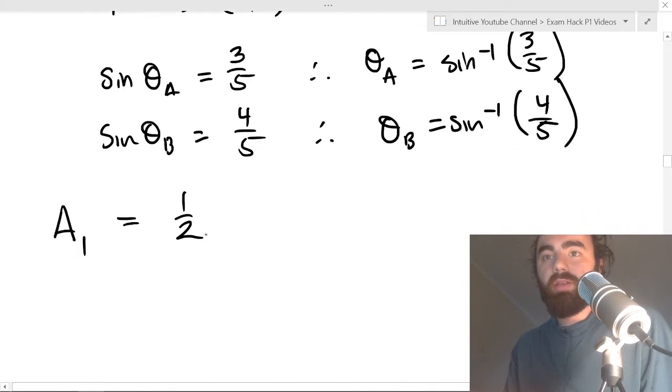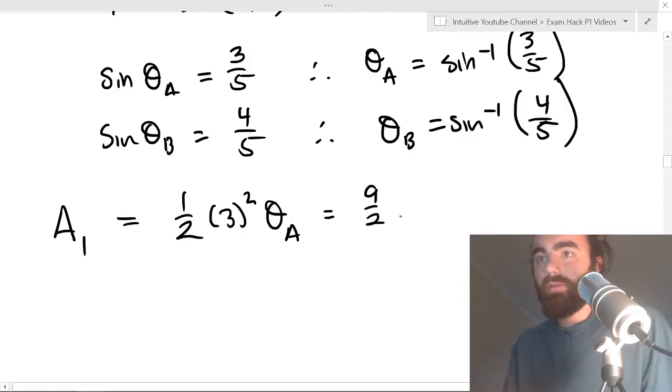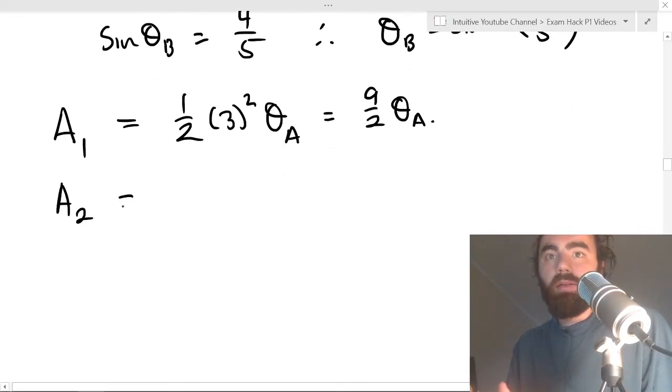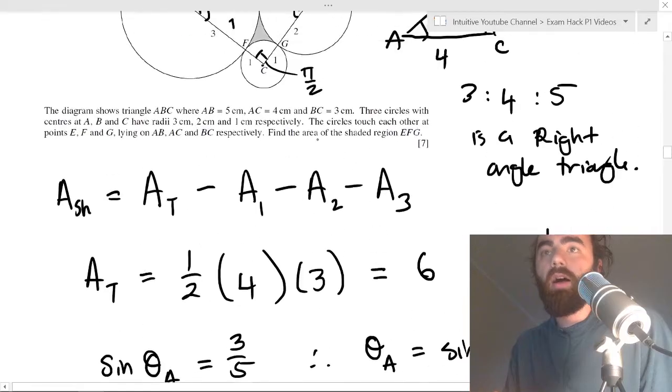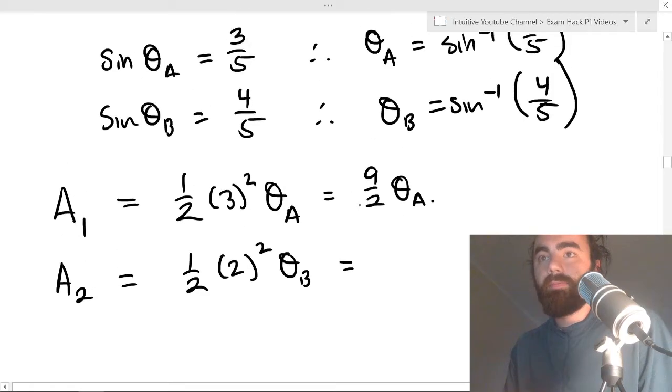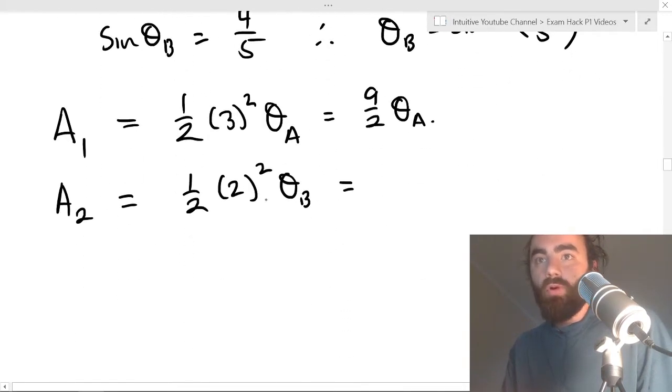So the radius is 3, so half times 3 squared times our theta A, which equals half of 9, so this is 9 over 2 theta A. And sector 2 is half times 2 squared theta B, which equals 4 over 2, which is just 2 theta B.